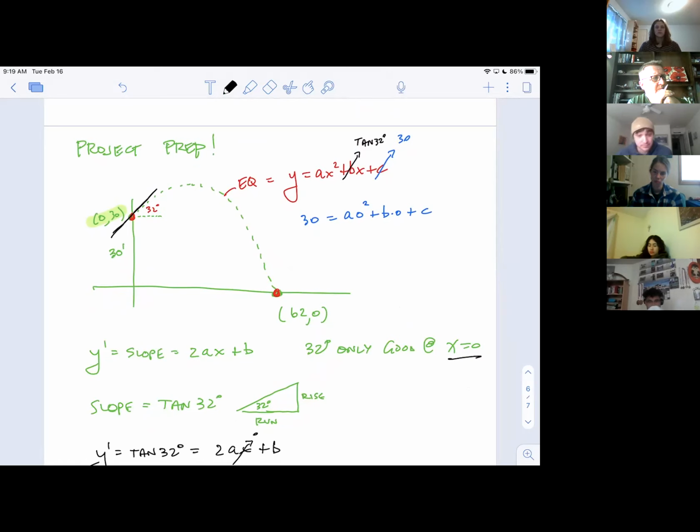So what else do we know that we haven't used? We used the initial point. We haven't used the x-intercept yet. We haven't used 62, 0. So maybe if I put 62 and 0 into that original equation up there, that would tell me what a is.